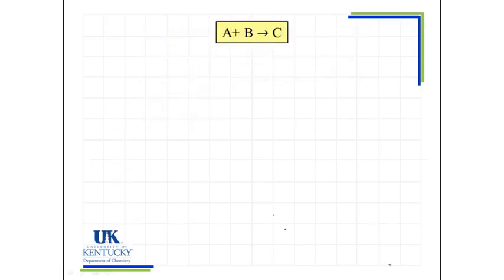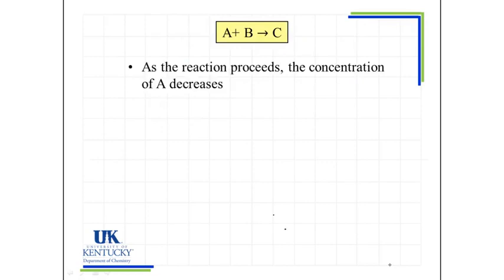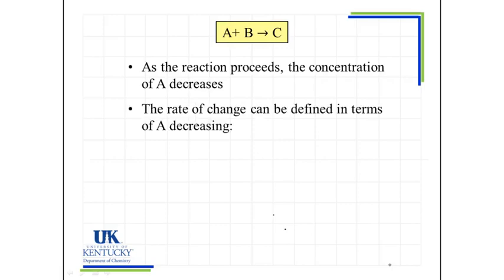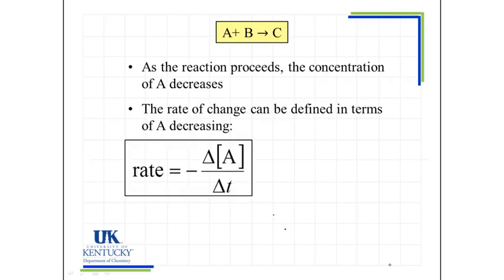Now, as we continue to think about this reaction, A plus B going to C, the concentration is decreasing, the change in concentration is negative, and when we talk about the rate of a reaction, we do not say that a reaction is going at a negative rate of speed. So we have to take into account that there is a minus sign with that.